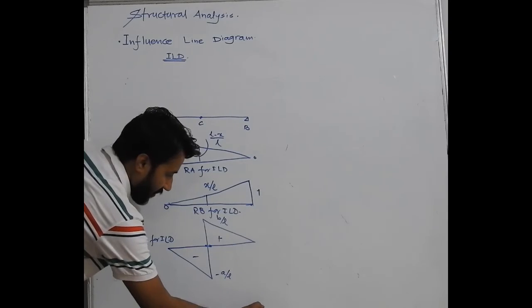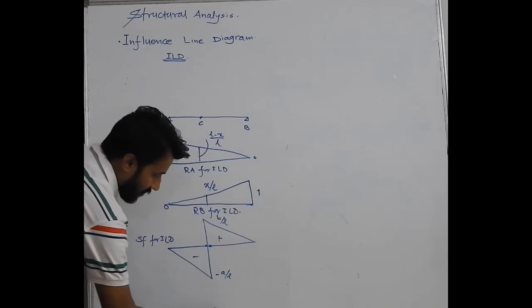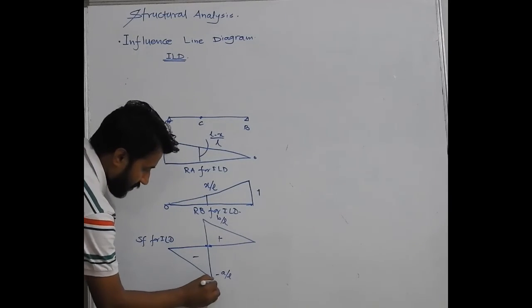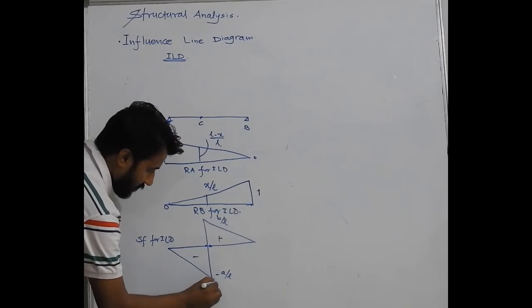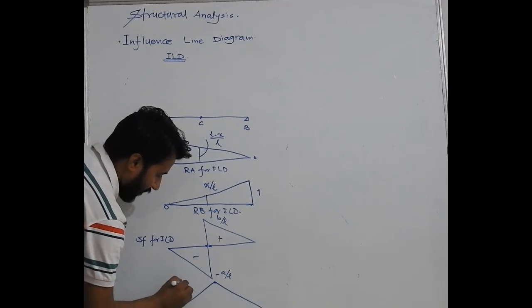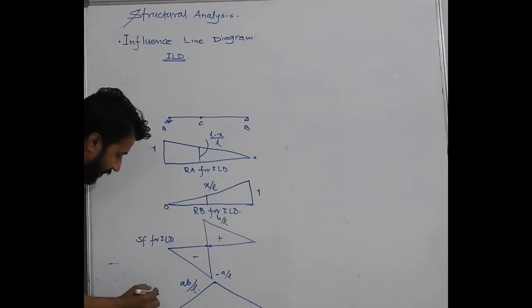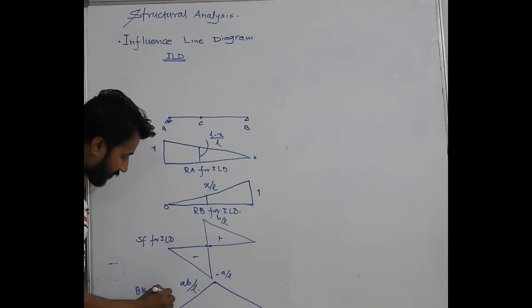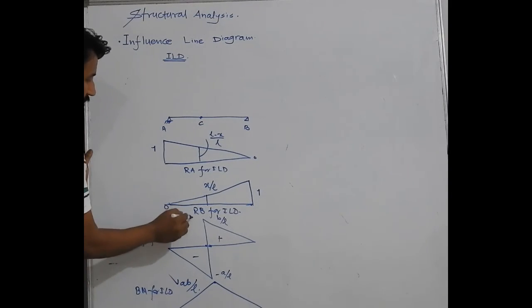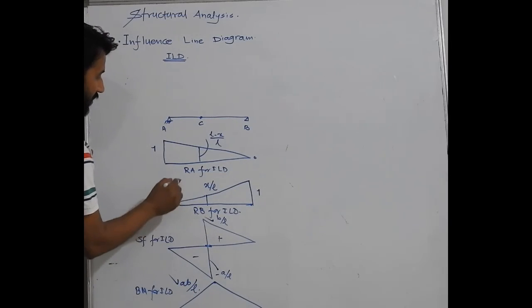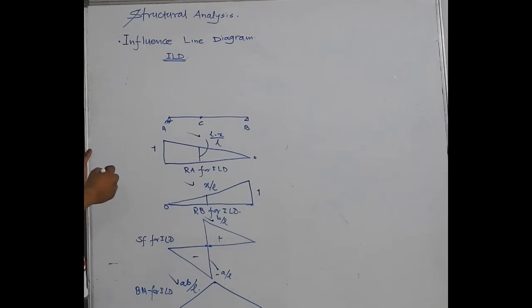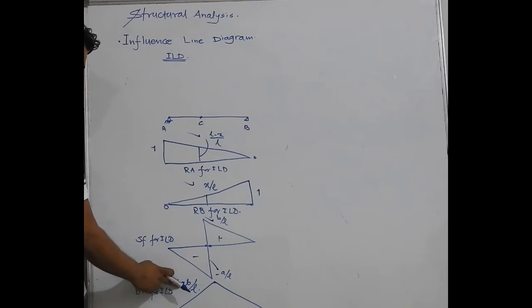And the last one we have to remember is the bending moment, which has the value AB by L. So this AB by L is the bending moment for the influence line diagram. These are the things we have to remember for calculation of the influence line diagram: for RA, for RB, for negative shear force, for maximum shear force, and for AB by L.